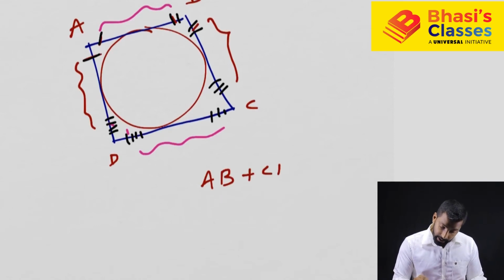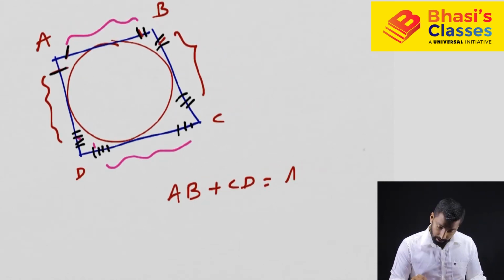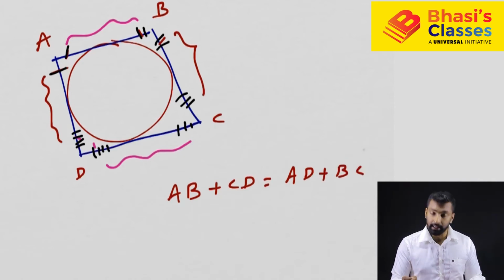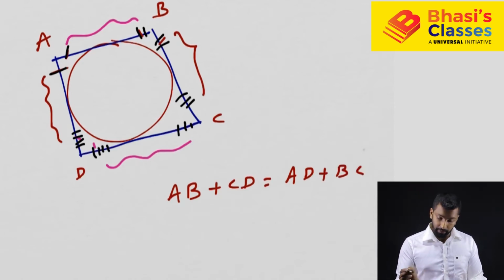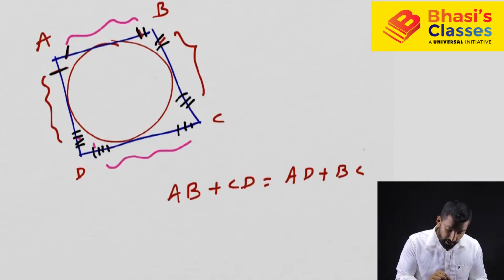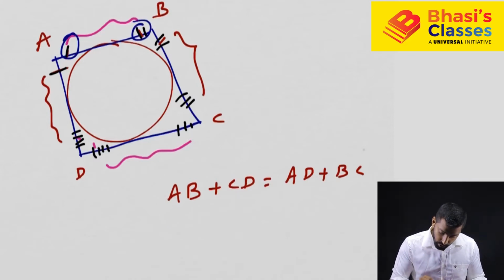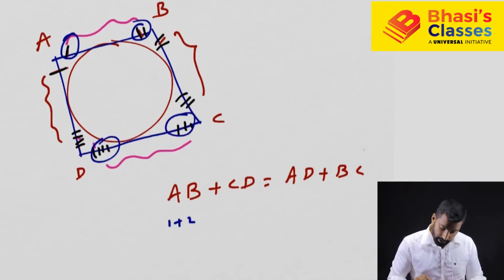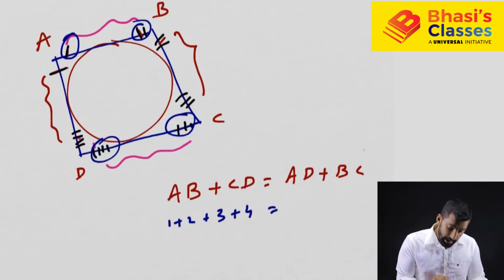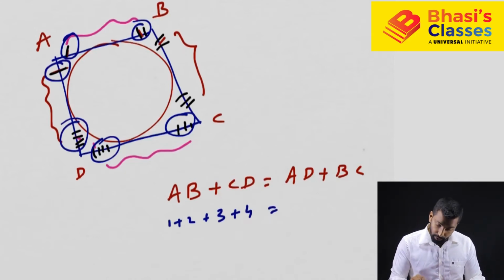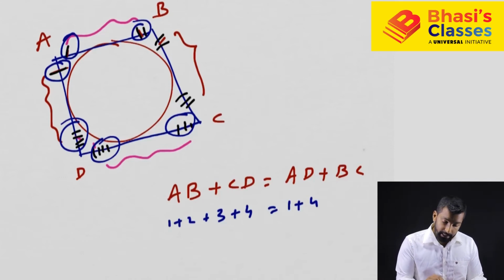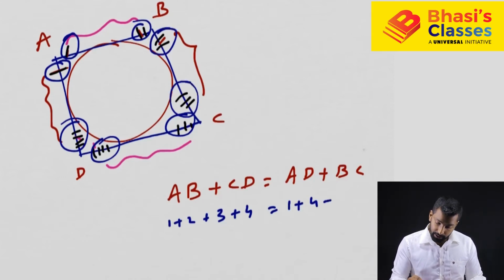AB plus CD is equal to AD plus BC. Very simple, right? From this diagram you can understand what AB is. AB is actually 1 and 2, so 1 plus 2. Then what is CD? 3 and 4, so plus 3 plus 4, which is equal to AD, which is 1 and 4, so 1 plus 4, plus BC, 2 plus 3.